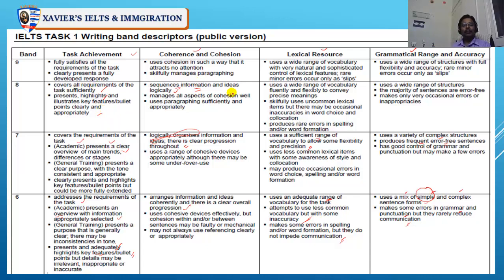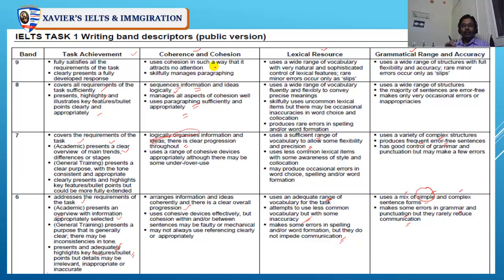Manages all aspects of cohesion well, uses paragraphing sufficiently. See, paragraphing, this is important. Uses paragraphs sufficiently and appropriately, right? Up to band 7, there is no word given about paragraphs. But here in band 8, suppose you want to get band 8 in coherence and cohesion, your paragraphing must be accurate, right?